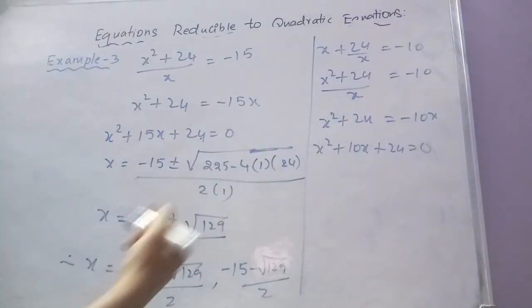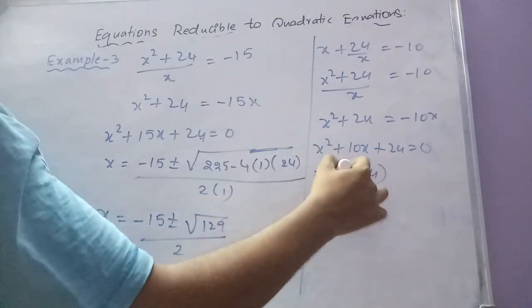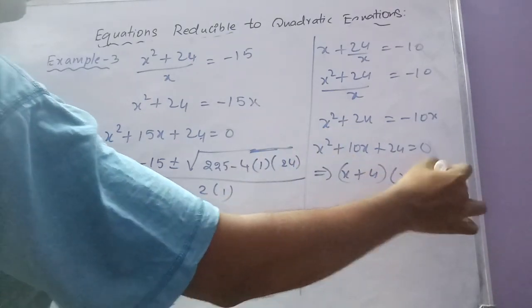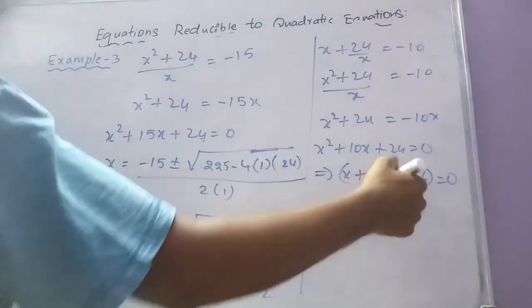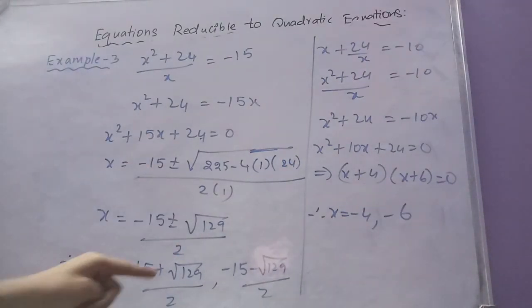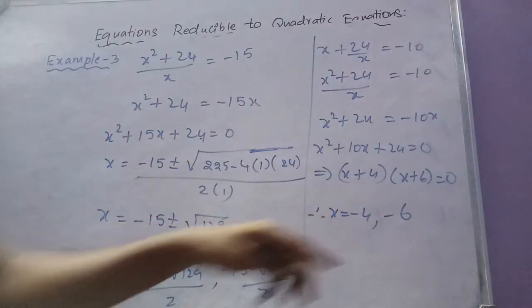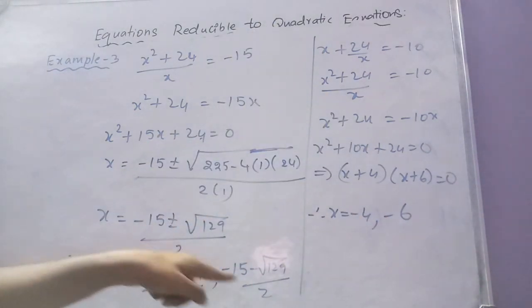We can split the middle term as 4x and 6x. And if you factorize, you'll get (x + 4)(x + 6) = 0. So therefore, x is equal to minus 4 from here and minus 6 from here. Therefore, there are totally 4 values of x. These two and these two. Therefore, x is equal to minus 4, minus 6, this value, and this value.